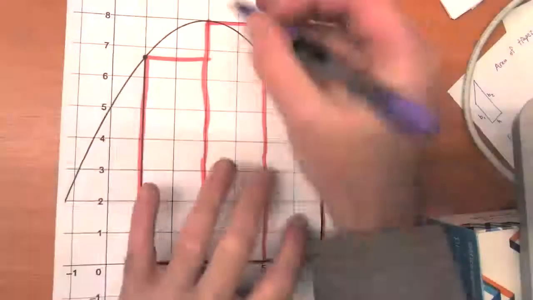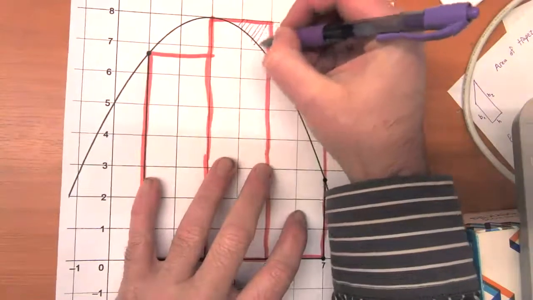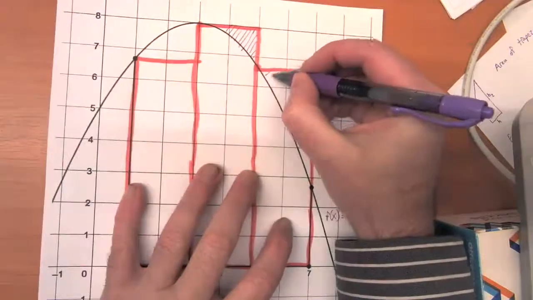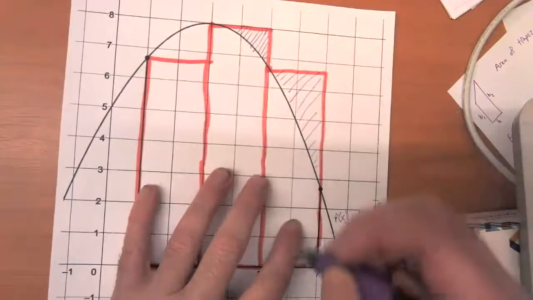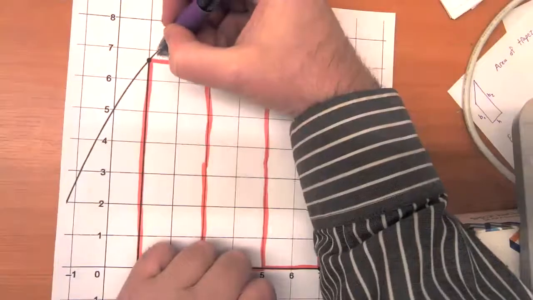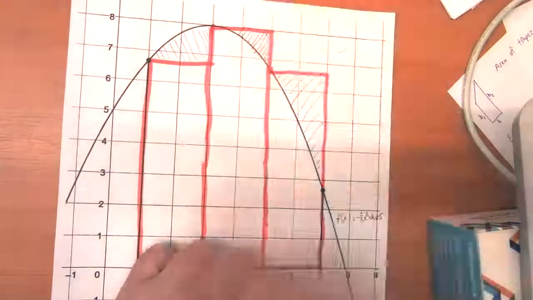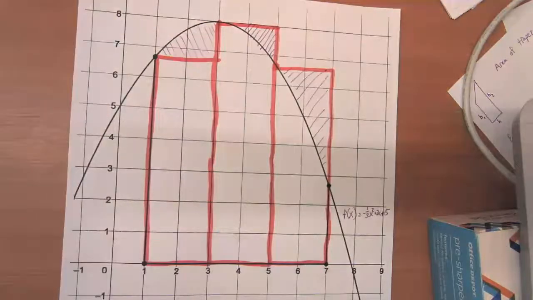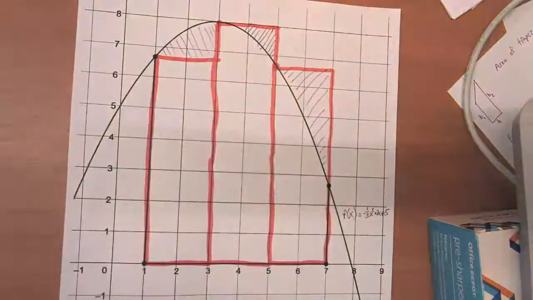Okay, so let's think about what we're measuring here. If we add these 3 rectangles together, we've got this pretty large shape over here that we're counting, that we shouldn't be counting. And over here on this side, we've got this area that we're not counting that we should be counting. So these are 3 pretty big regions here.